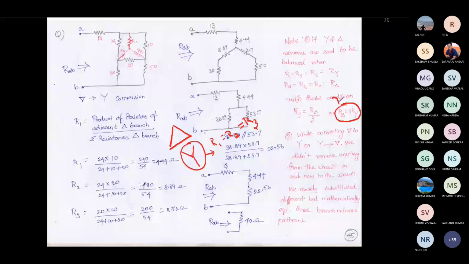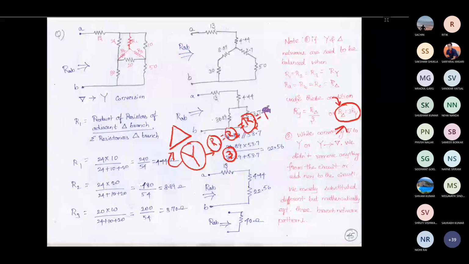So if R1, R2, and R3 are all the same, instead of using the formula to find the delta values, you can directly multiply the value by 3. That is given by 3 into Ry.